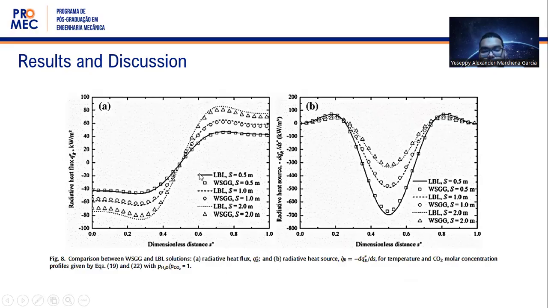We have the same behavior in the WSGG and L by L methods, right? So we have the same computation with smaller magnitudes due to the reduction in participating species, right?